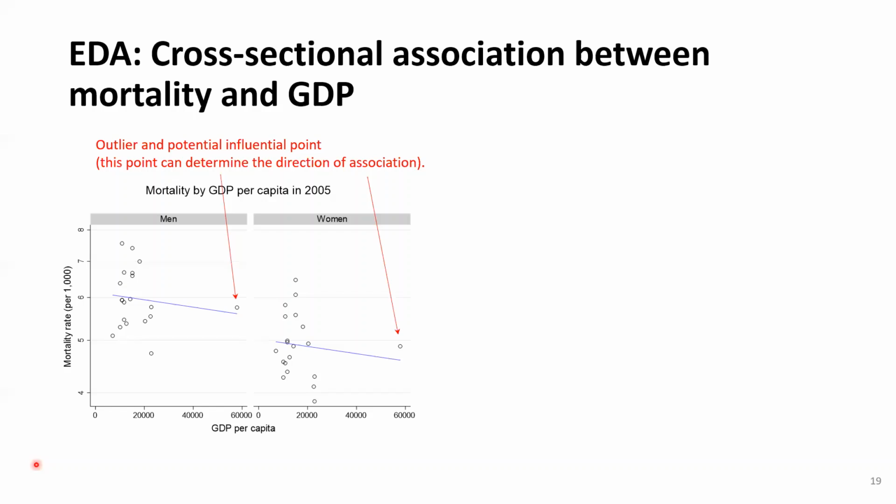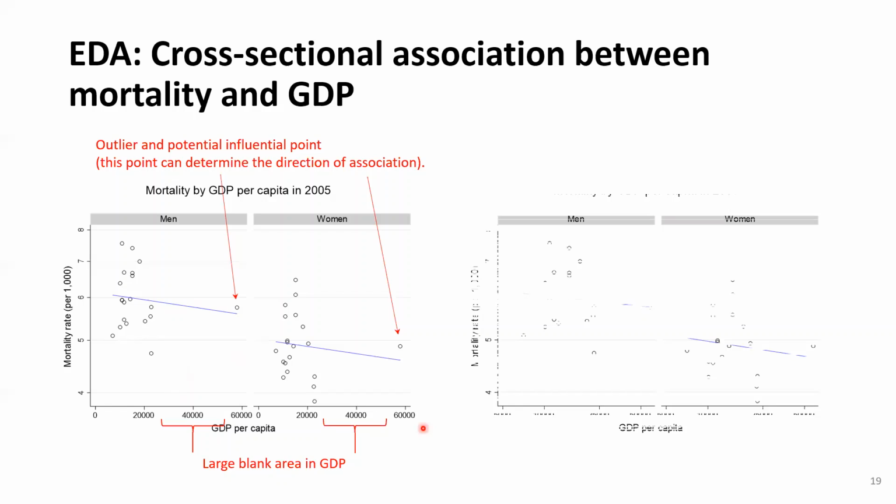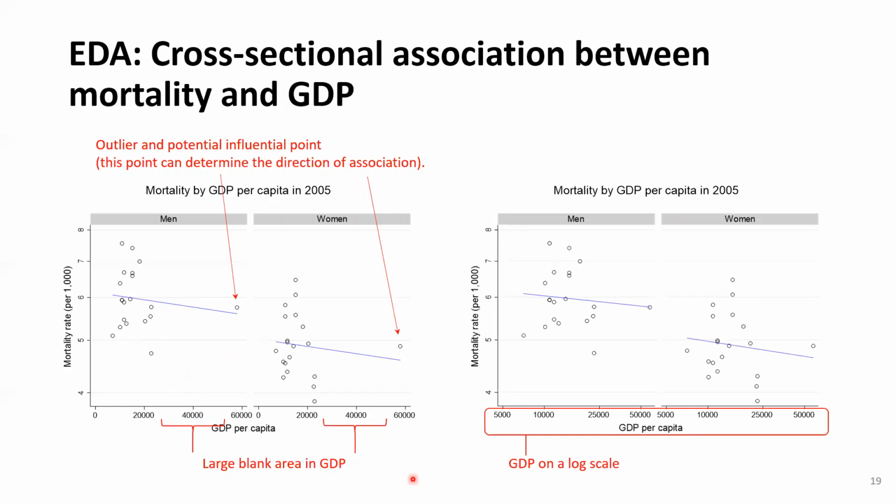So what shall we do? Before we go on, here we see blank, so we don't know what's happening. We are going to talk about the association between GDP and mortality, but here we can't tell a lot because we don't have data. Then we do this way. I just plot GDP on the log scale.